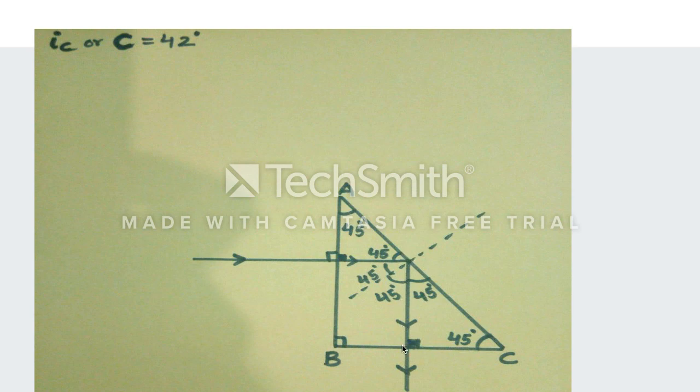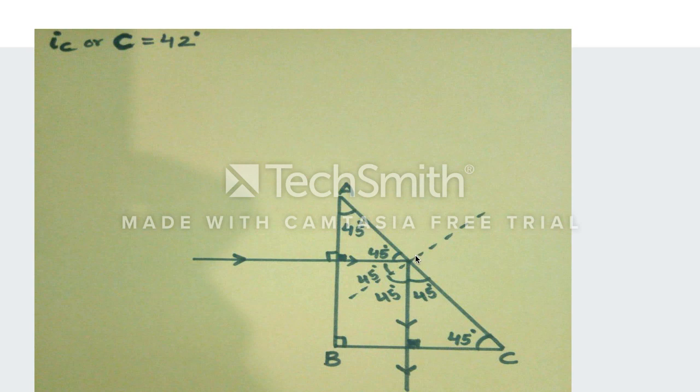Now as the ray comes out, this is 45, so the remaining part becomes 45. This angle is 45 because it was an isosceles right angle prism. What will be the third angle, class? Yes, it will be 90 degree, because the sum of the three angles of a triangle again is 180 degree. So this is deviation through 90 degree. Why?